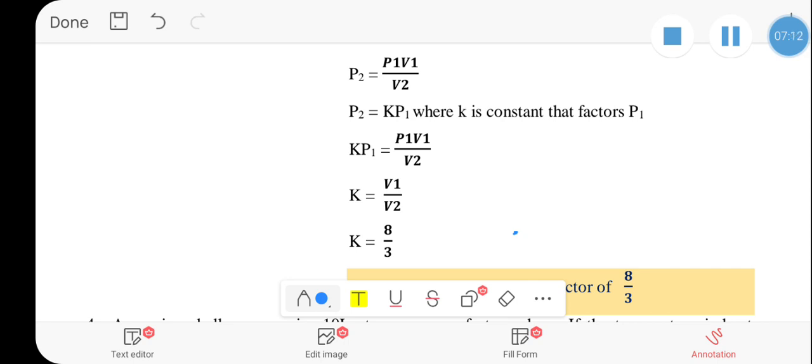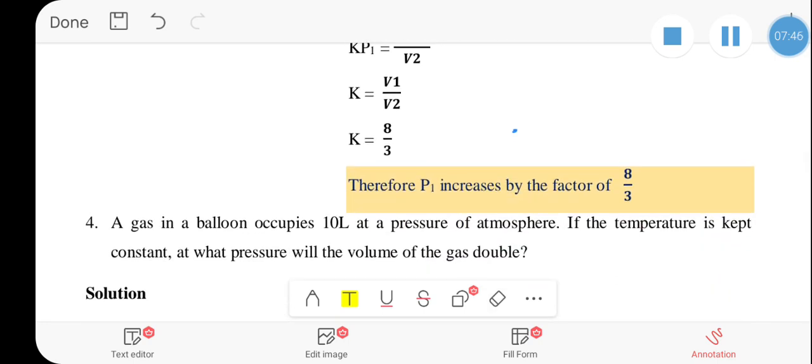ይሄ P1 እዚህኛው ያለው P1 በዚህኛው P1 ይጣፋል because በኦፖዚት ሳይድ ላይ ስለሆነ ያሉት እርስ በርሳቸው ይጣፋሉ። ስለዚህ K which is equal to V1 over V2 ይሆናል። ስለዚህ V1 is 8 ሊትር ነው፣ V2 3 ሊትር ነው። ፋክተራቸው 8/3 ይሆናል ማለት ነው። the factor is 8 over 3 እንላለን። therefore P1 increased by the factor of 8 over 3.